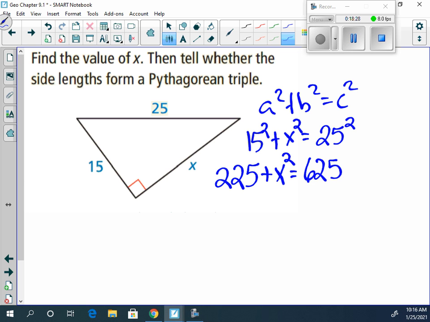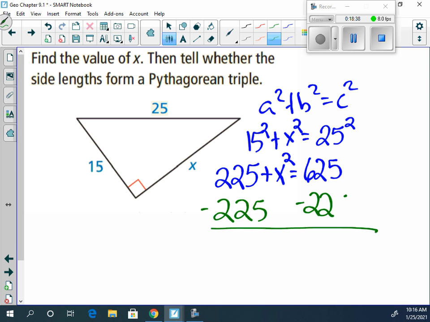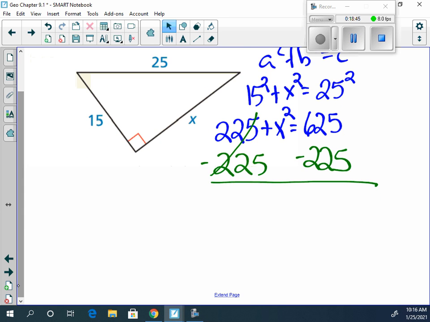Now again, we want to get x by itself, so the next thing we can do is to subtract 225 from both sides, because we need to get x by itself. These will cancel. And that leaves us with what? X squared.